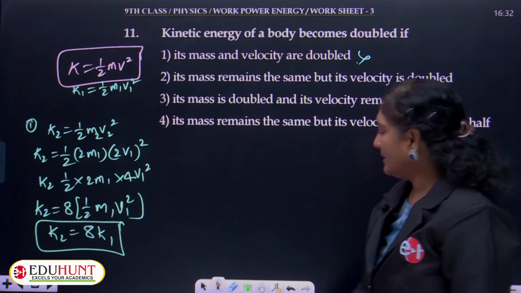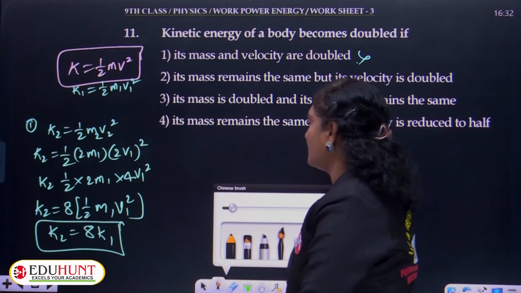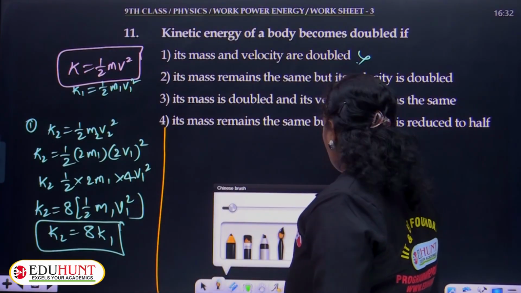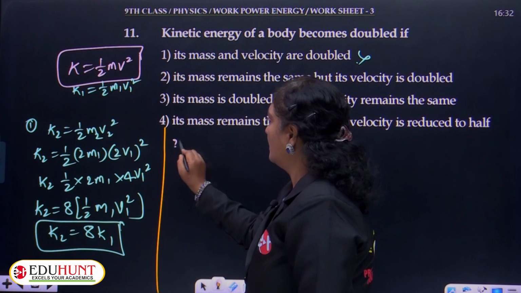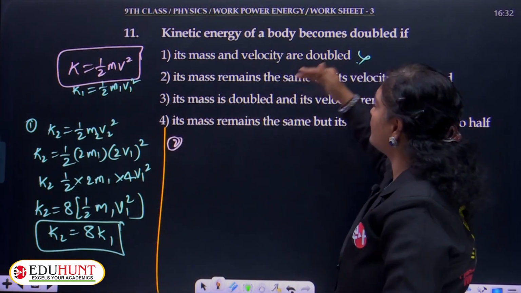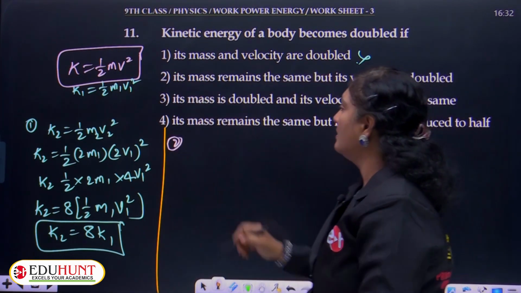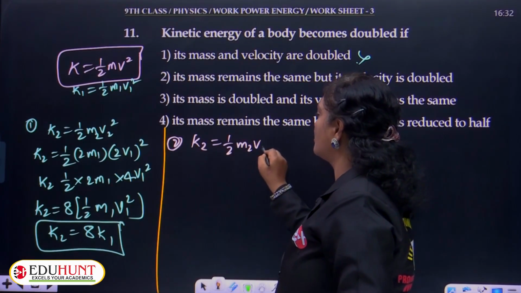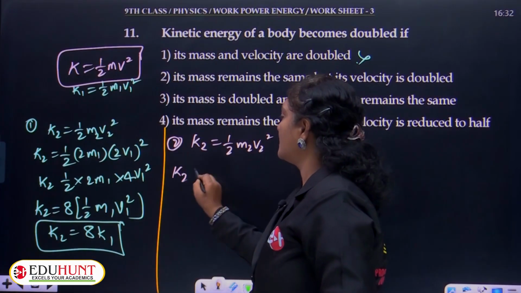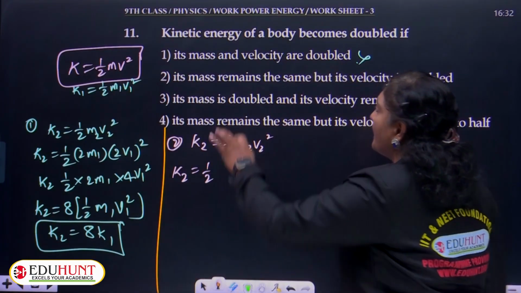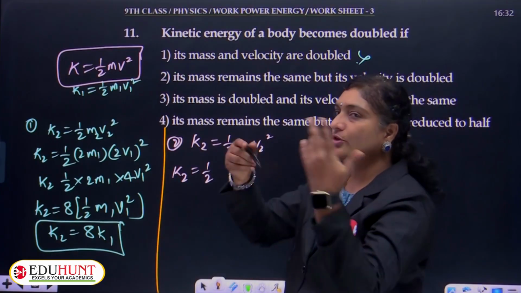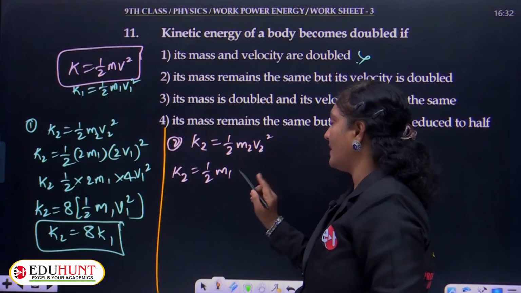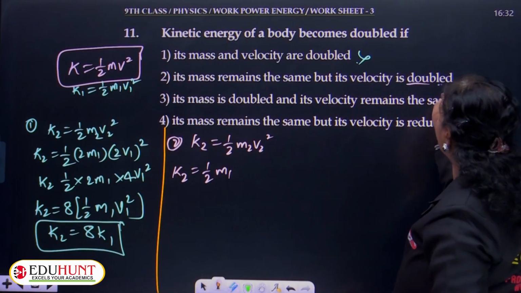So this is not a true statement. Now let us check the next part, that is case 2. In case 2, mass remains the same, velocity doubled. What is the formula for kinetic energy? As usual, K2 is equal to half m2 v2 square, with mass remaining the same. So the value of new mass m2 is equal to old mass m1, as it is the previous mass. What happened to the velocity? Velocity is doubled.